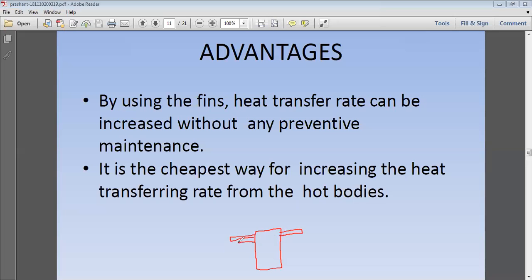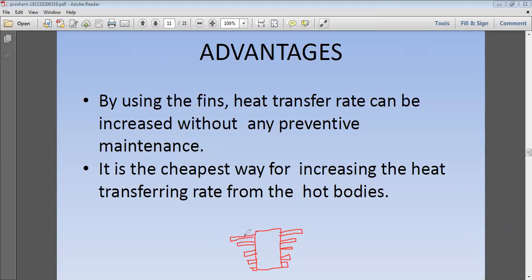Like this way they are arranging the fins. You can see the dimension. The shape must gradually decrease its length, straight fins. Most of the engines are following the same thing.